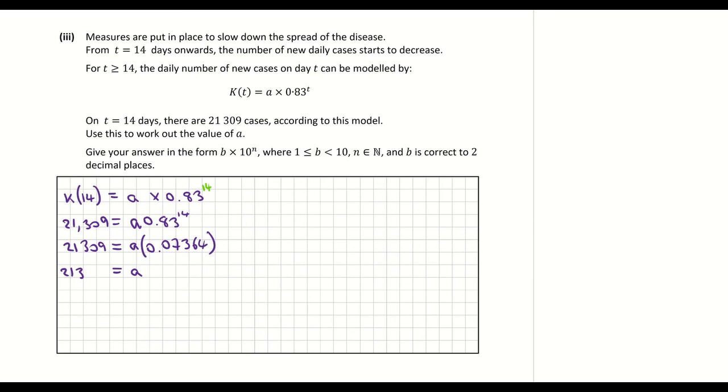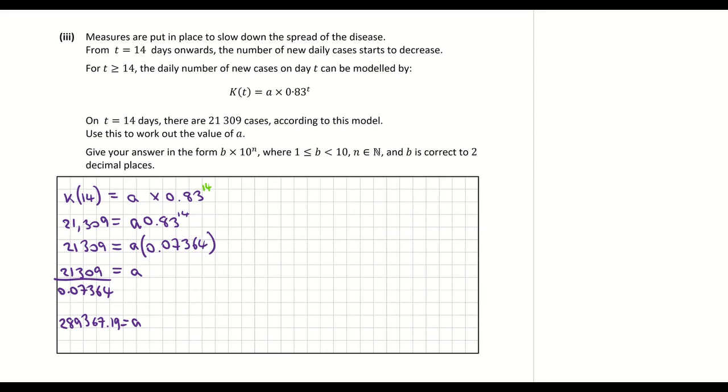So it's 21,309 divided by 0.07364. And that's getting me a value of a to be 289367.19. The question then wants it to be given in the form b multiplied by 10 to the power of n to 2 decimal points.